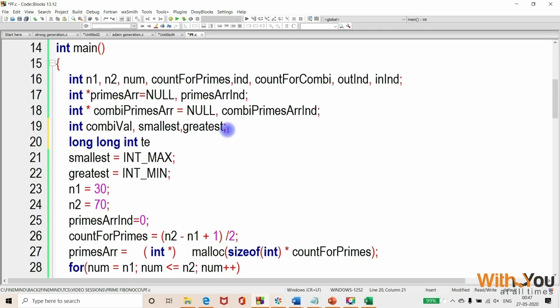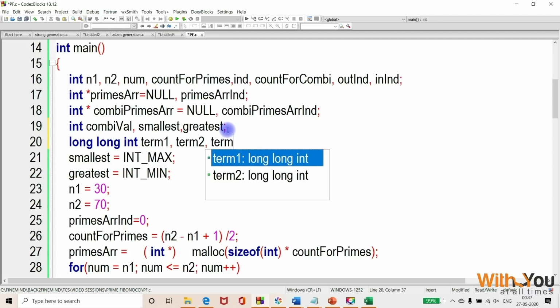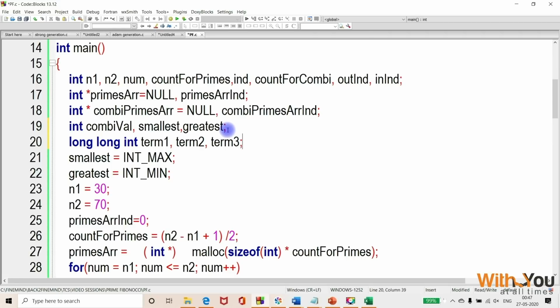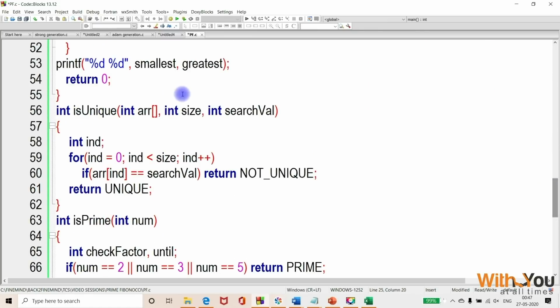Term 1, okay, sorry, term 1 and term 2 and term 3. Okay, and for counting this, I'm going to have one guy called Fibo counter. Okay, so I think a simple code would be sufficient.